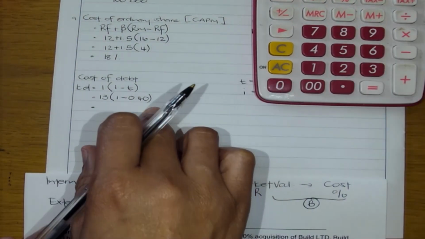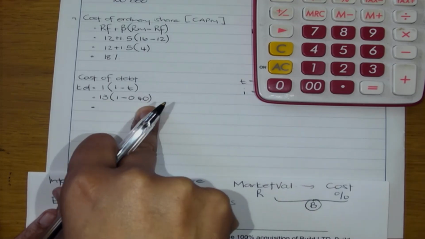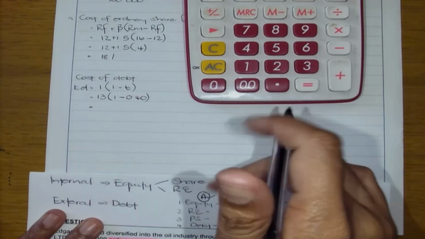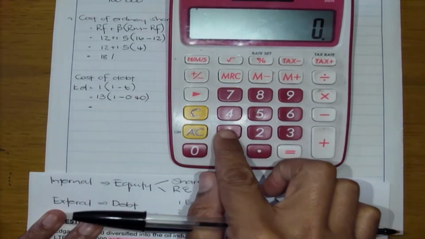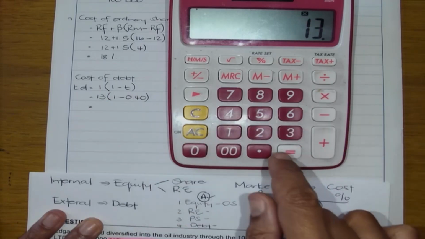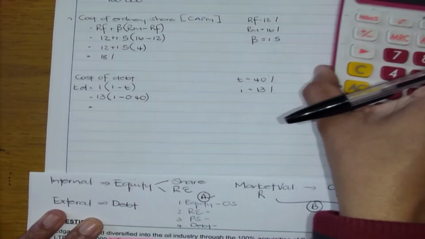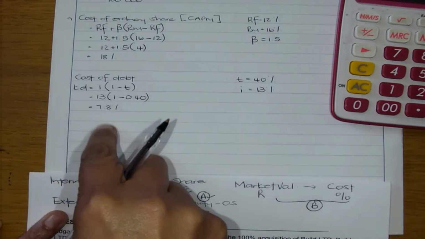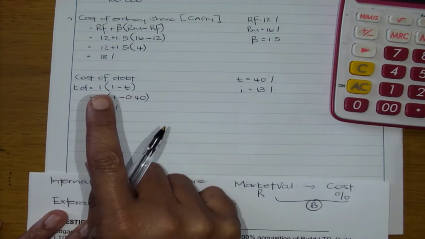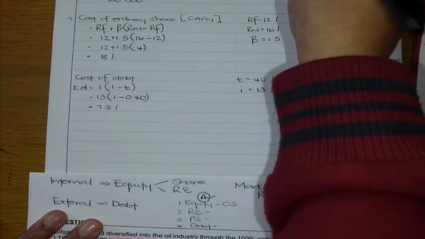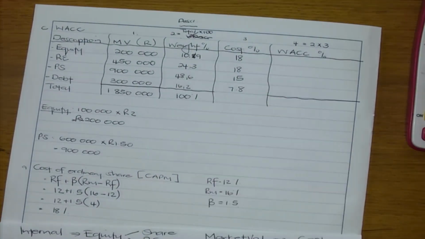So I'm going to do the bracket first. 1 minus 0.40 gives me 0.60. So I just say 13 multiplied by 0.60 gives me 7.8%. This is the interest without tax. This is the interest including tax. So I'm just going to say 7.8. And then I am done with my table.